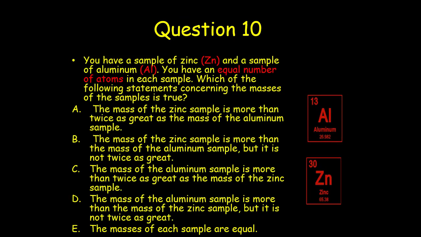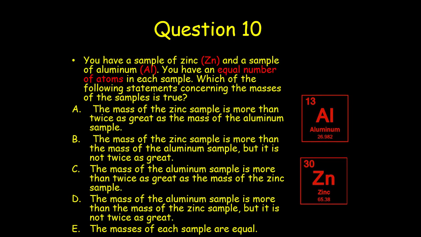Question 10. You have a sample of zinc, Zn, and a sample of aluminum. You have an equal number of atoms in each sample. Which of the following statements concerning the masses of the samples is true? A, the mass of the zinc sample is more than twice as great as the mass of the aluminum sample.